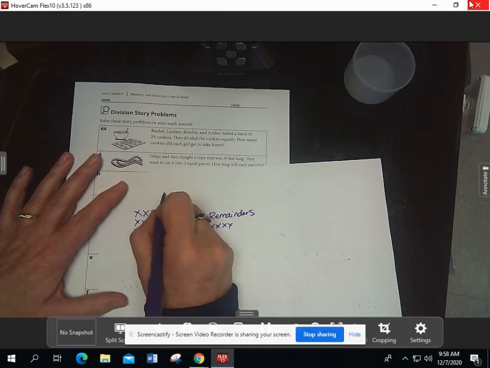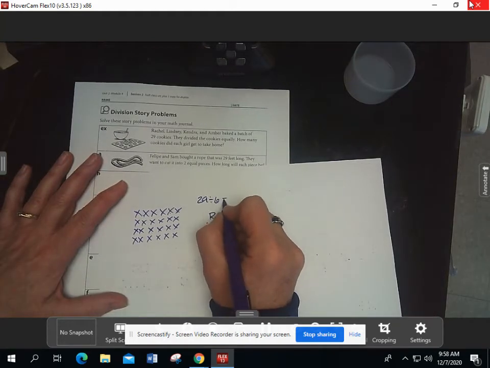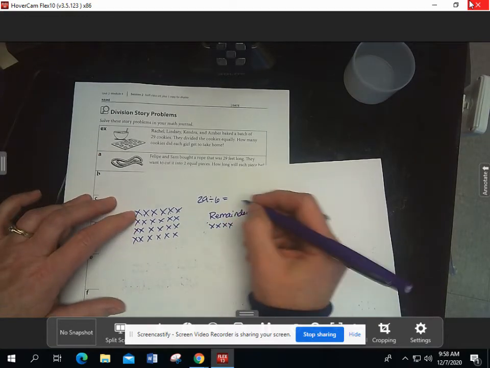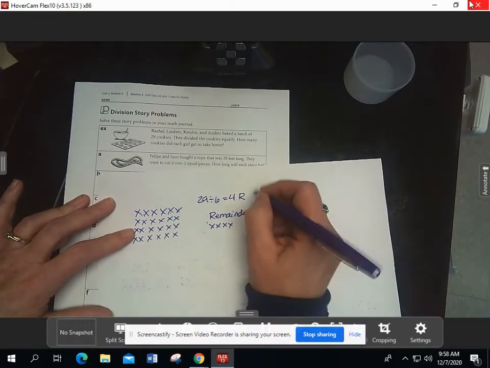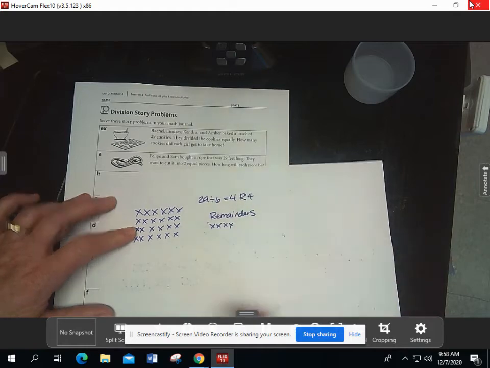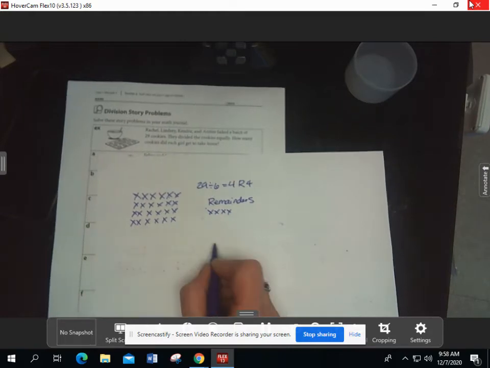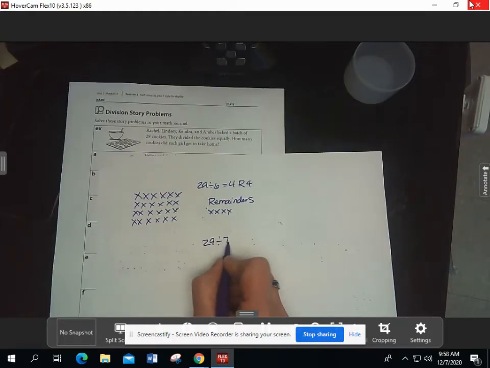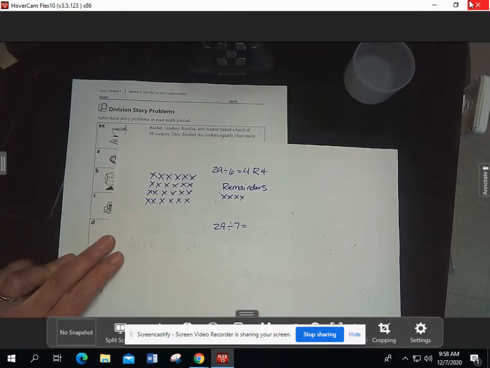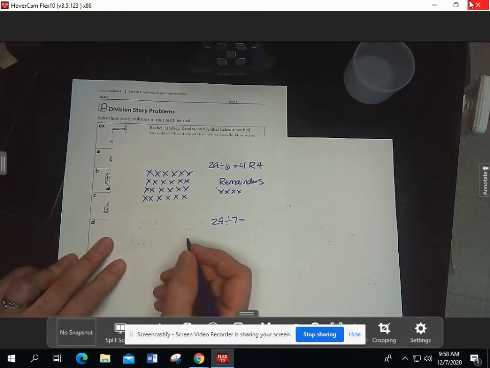So right now we have 29 divided by 6 equals 4, remainder 4. We probably not that one. So now it says we're supposed to work on 29 divided by 7. Now we have to make rows of 7. Start doing that.